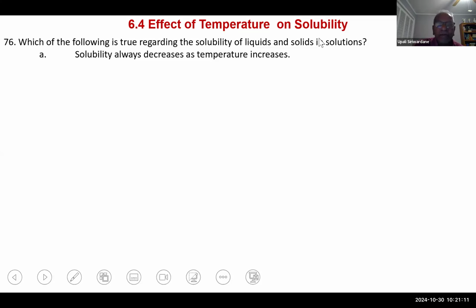Solubility always decreases as the temperature increases?